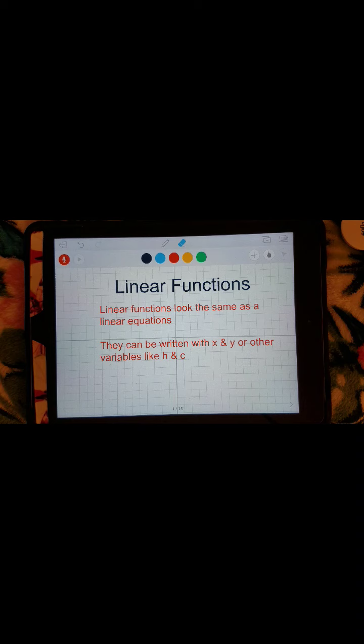Linear functions look the same as a linear equation. And if you recall, a linear equation is just a straight line that has a constant change or a constant slope. They can be written with x's and y's or with other variables such as h and c.